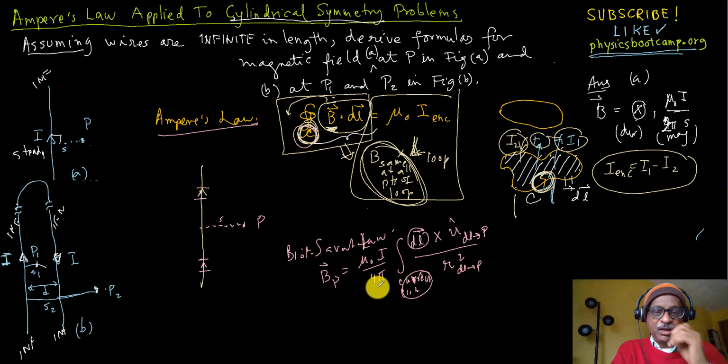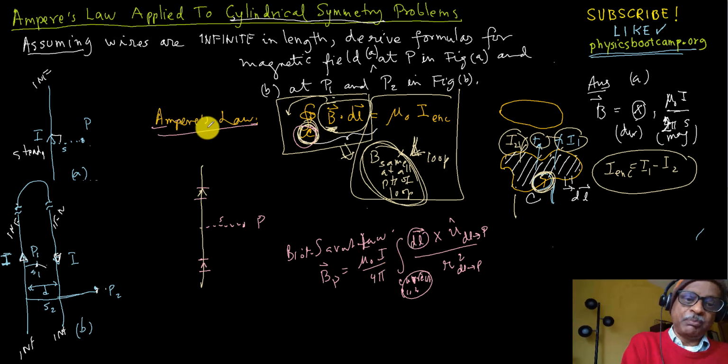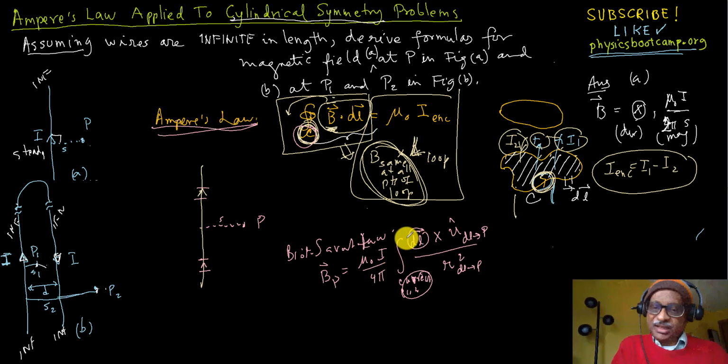So this is Biot-Savart law, and we've done several problems in Biot-Savart law. You should go ahead and study them. Now I don't need to do this problem when I'm applying Ampere's law, but I need to get some sense of what it will be like.